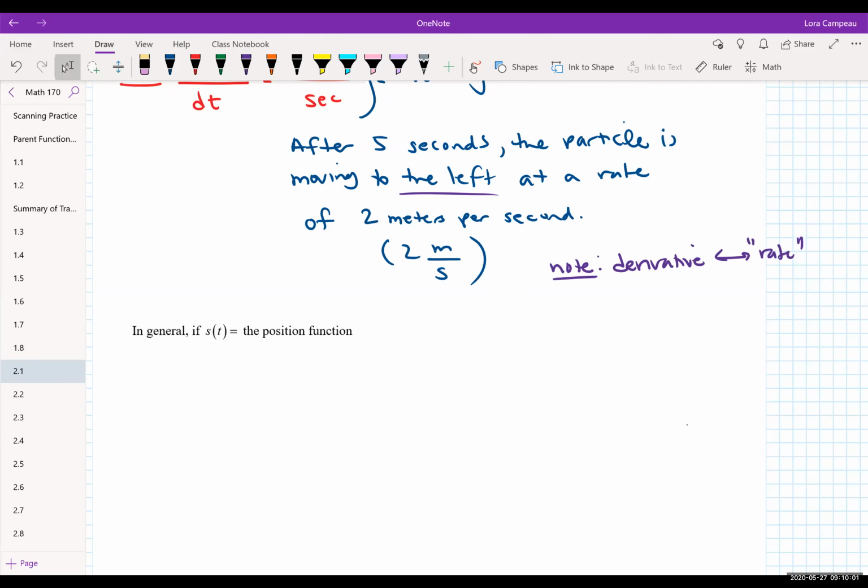If we have the position function and we take the derivative of the position function, we are going to get the velocity function. A lot of times we label that as v of t. And the velocity is a function that is a vector.